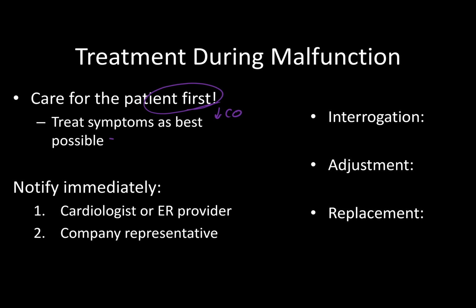If you know that there's been a rhythm change in the underlying rhythm, that may be part of the problem. If their rhythm changed to something new, that could have been the cause for why we're having these new malfunctions. Ultimately, when a pacemaker does malfunction, treatment is directed at the patient and the underlying rhythm.